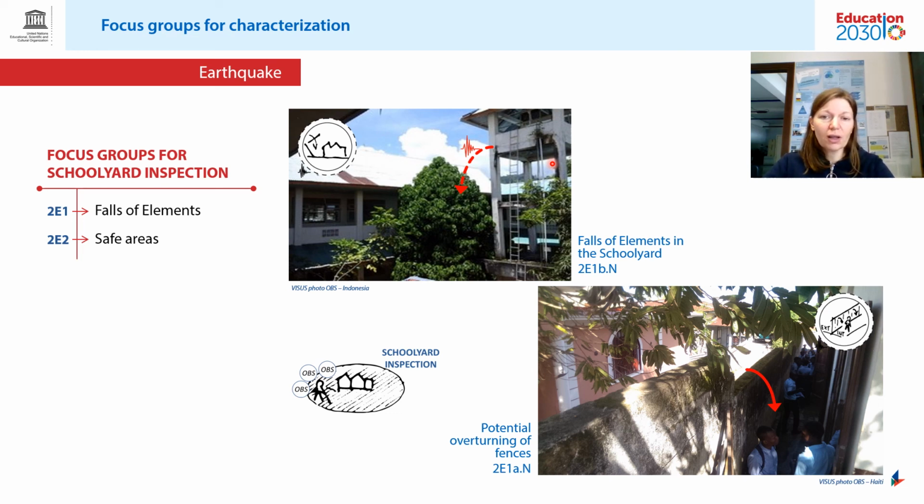It could fall and hit students or persons in the schoolyard, causing very severe consequences, and also the presence of safe areas where the child can go and find a safe space. In this image, for example, you see the potential fall of a fence wall on children.